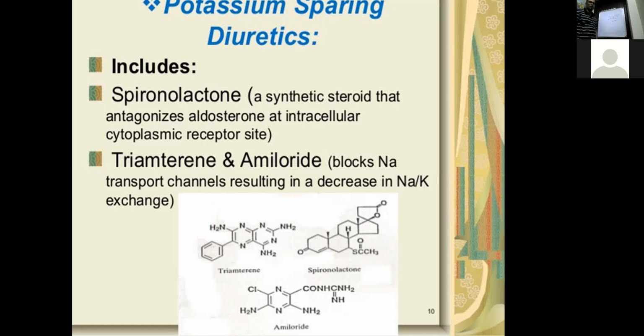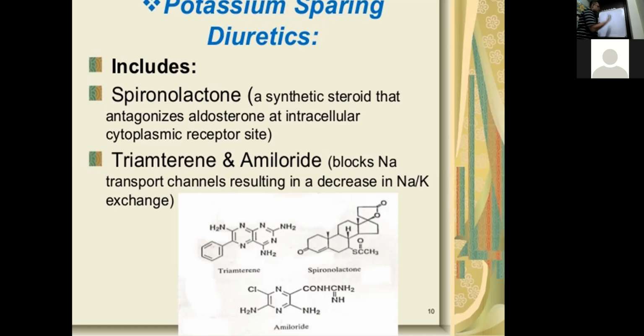Now let's go for the structure of your triamterene. Look at the structure properly. Over here also, the first thing is to draw a pyrazine moiety. Now this is fused to a pyrimidine.